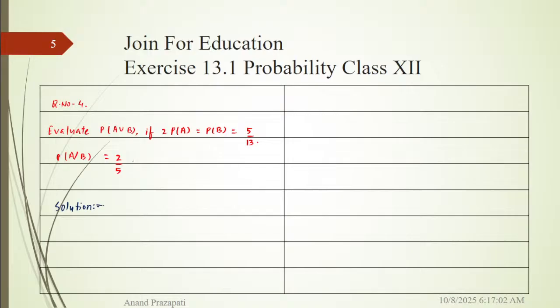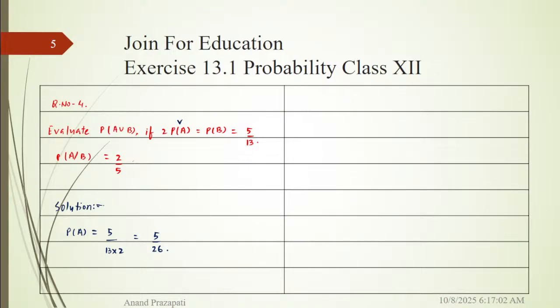So here probability of A will be 5 by 13 into 2, equal to 5 by 26.